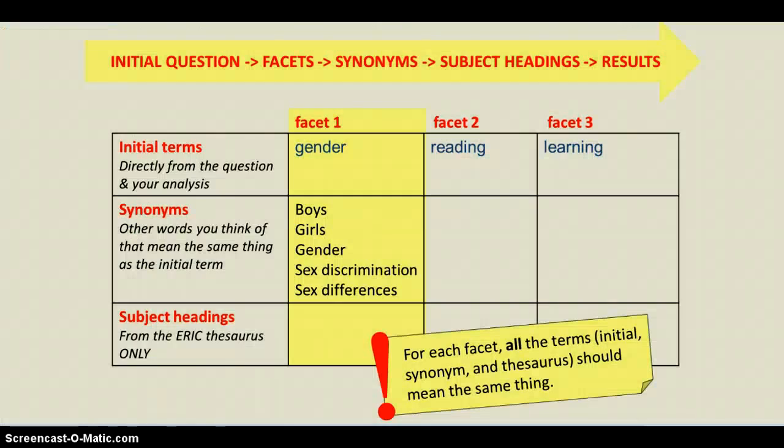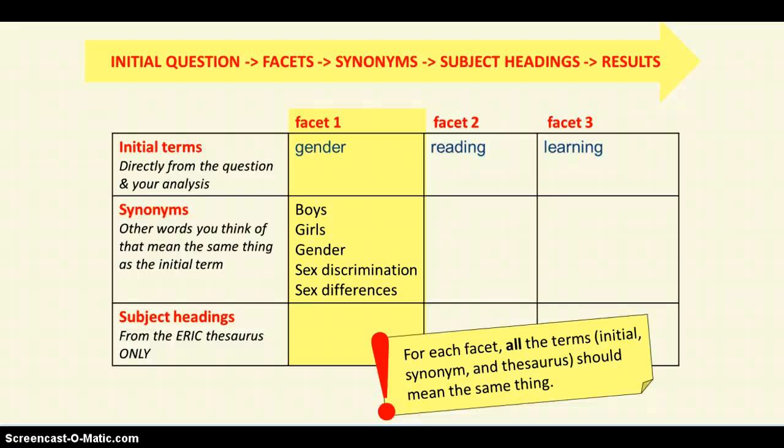To review, planning is the most important part of your search, beginning with understanding the original question. Once you're sure of that, you get to work looking for facet terms, then thinking of synonyms to describe each of your facets. From there, you use those words, including your initial terms, to look for subject headings, keeping in mind that what you find needs to be pertinent to the patron's original question.